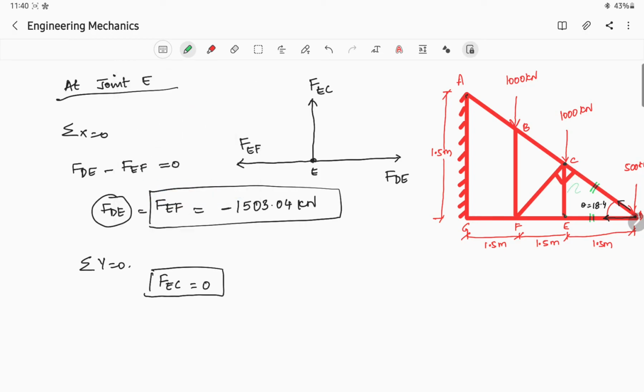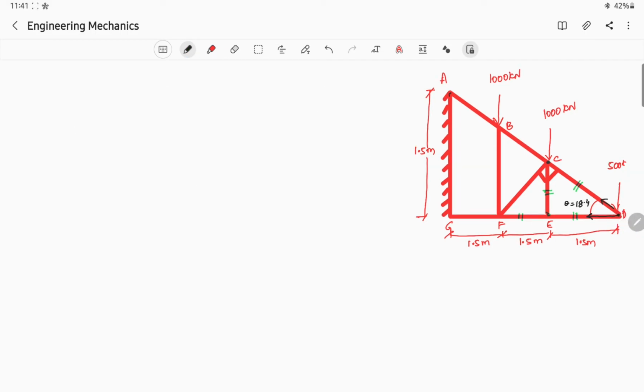We have calculated the force in member CE or EC, and EF. Now which joint shall I go for? If I go for joint C, then we will be having two unknowns, that is here and here. So we'll go for joint C now.